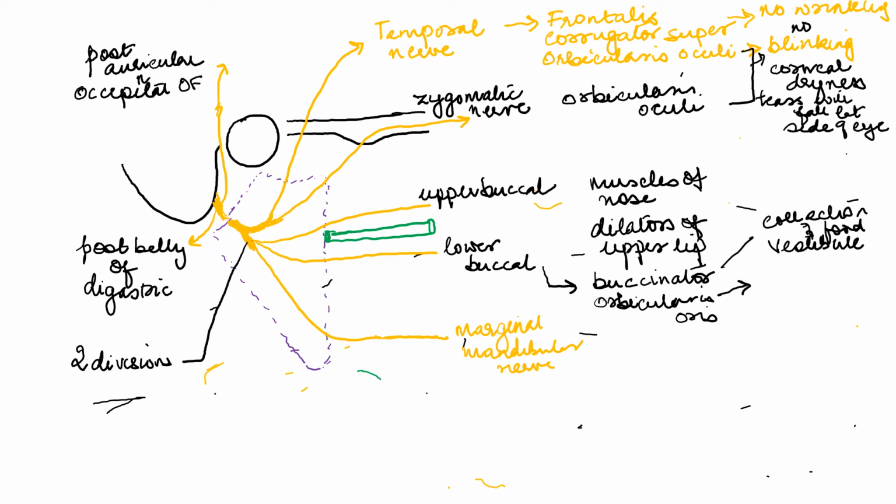Now at the junction of the ramus and the body, in front of the angle of the mandible, this marginal mandibular nerve crosses over 2 structures.